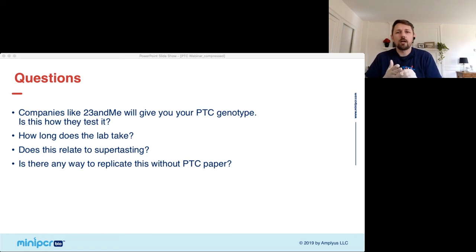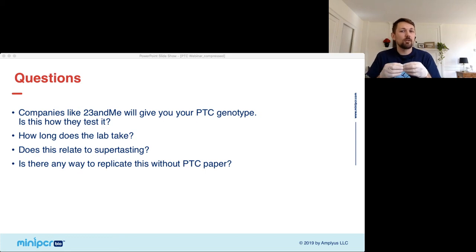My understanding is companies like 23andMe use technology called SNP chips, where they have genotyped the human genome for like tens of thousands of these SNPs. PTC is one of them. They then use little probes and they wash your DNA over it. And if your DNA has a SNP that matches, it will bind. And they can visualize that in a machine. And so they use binding of SNPs to see what your genotype is.